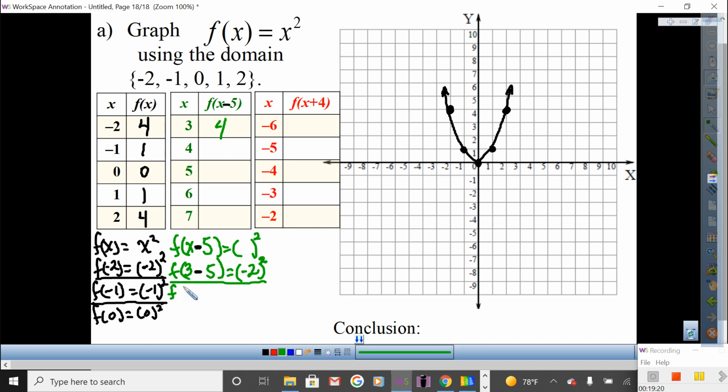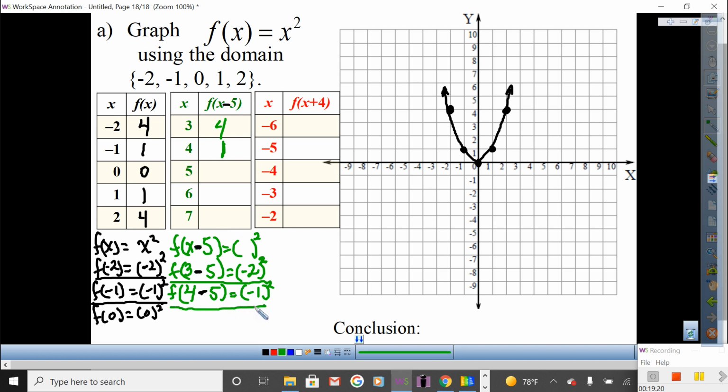Let's go to the next one. What's my next x value that I'm going to substitute in here? 4. So 4. What is 4 minus 5? Negative 1. And negative 1 squared is 1. And you're copying this, yes?